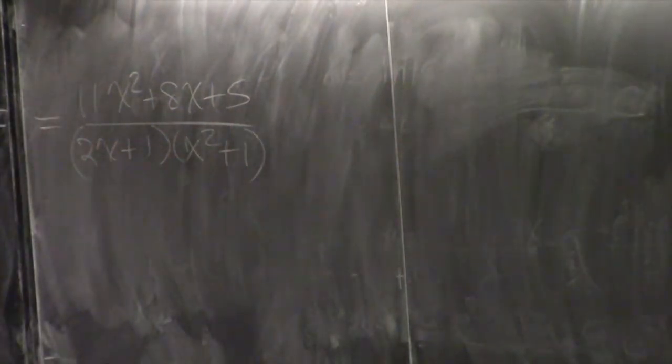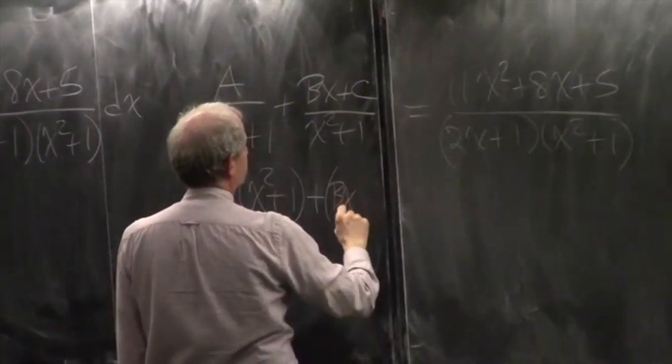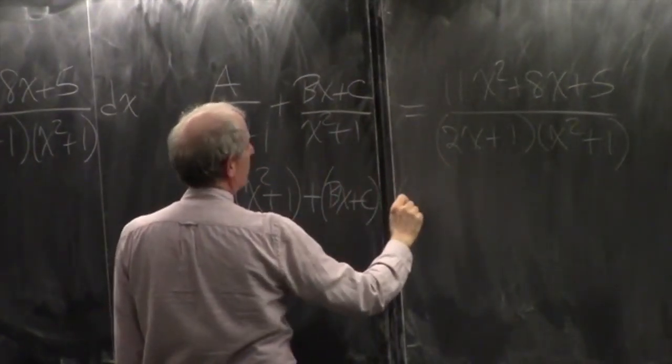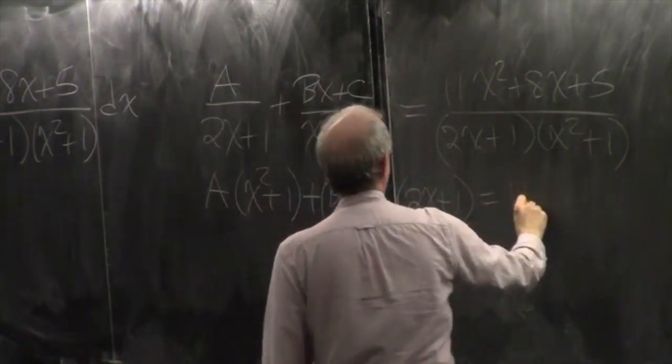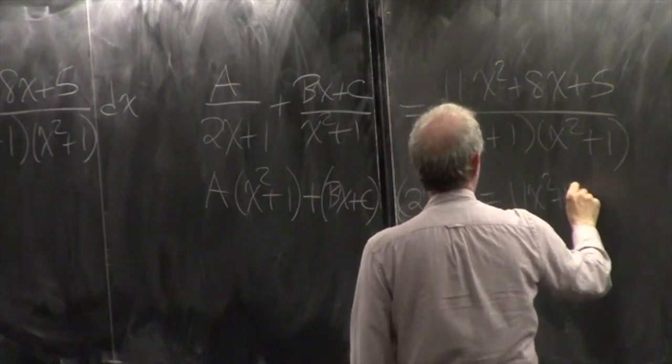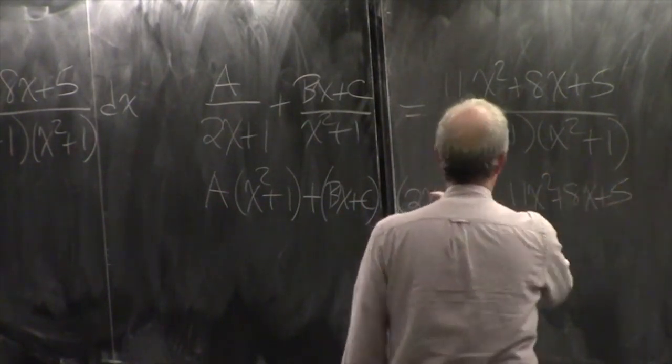Which means if we multiply through by the denominator, we will end up with A times x squared plus 1 plus Bx plus C times 2x plus 1 equals 11x squared plus 8x plus 5.